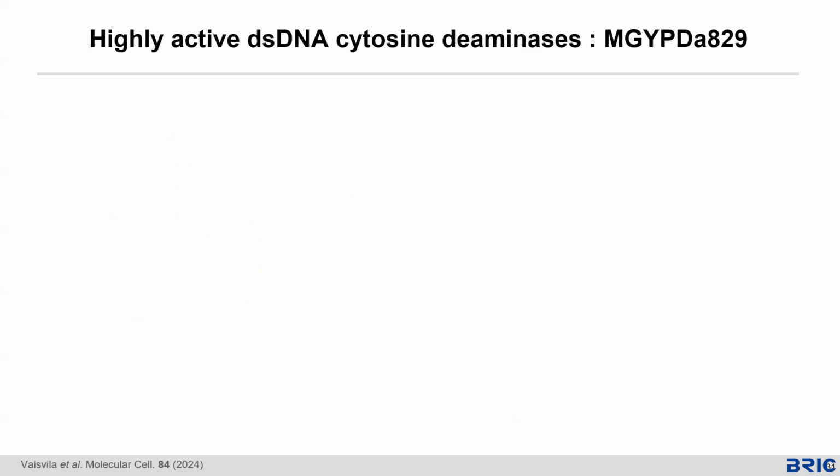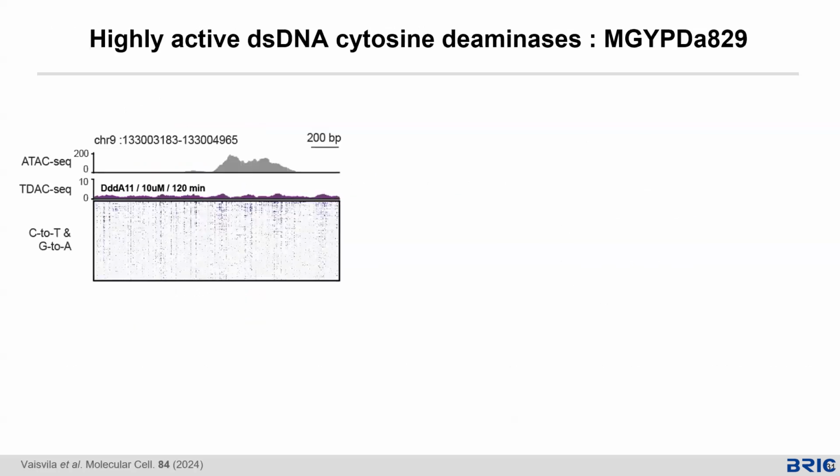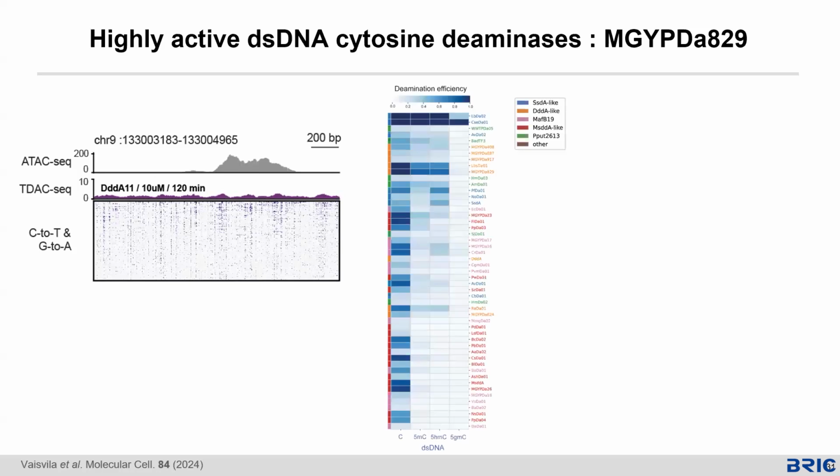However, one challenge in studying this enhancer using TDAXI was that the GFRB enhancer is relatively closed, making it difficult to detect accessibility with DDT11 due to its low mutation rate. Fortunately, last year, NAB discovered several new double-stranded DNA cytidine deaminases from different bacterial strains, and some of these newly identified enzymes showed much stronger activity than the wild-type DDDA.